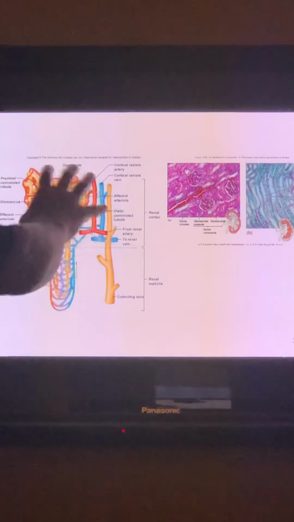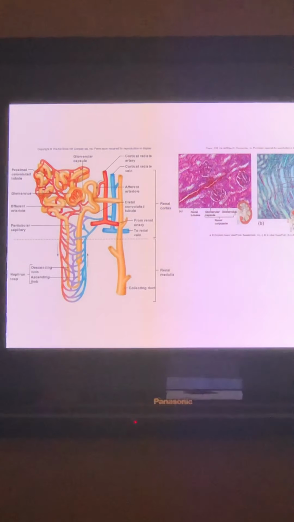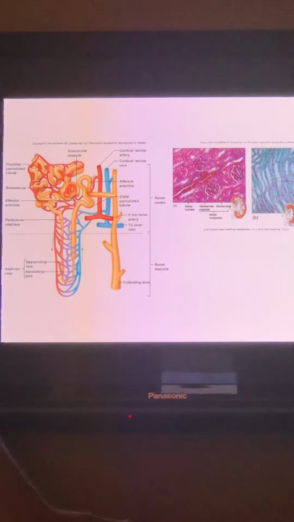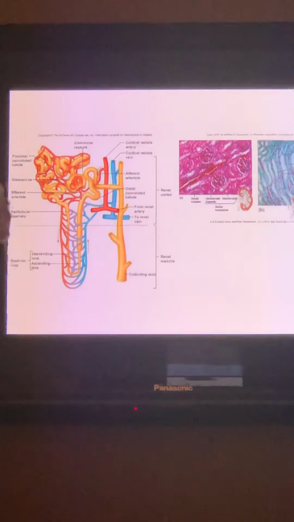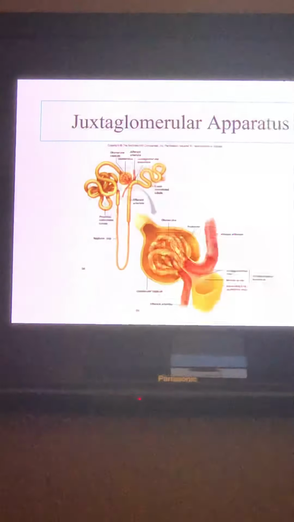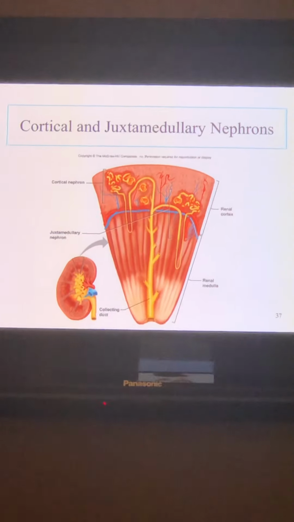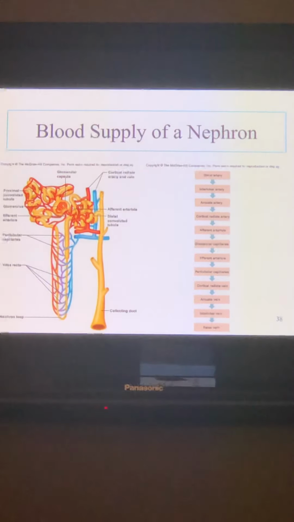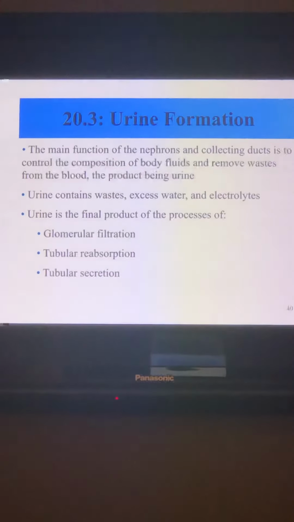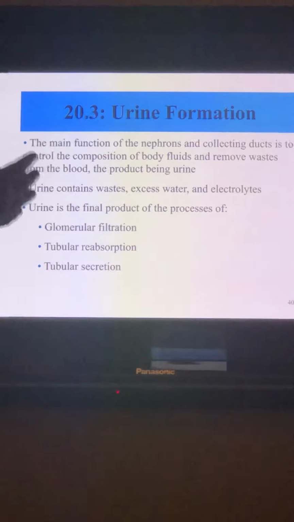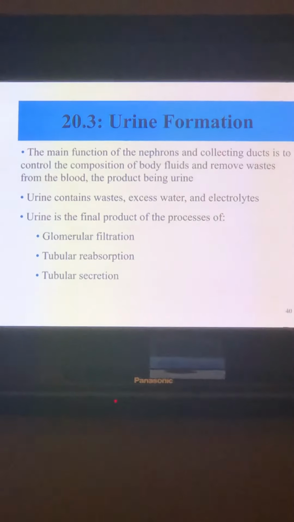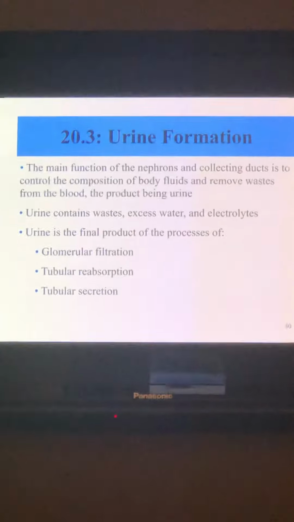Remember, the nephron unit is the functional unit of the kidney, the nephron. We talked about the parts there. Again, if there's a question that I don't go over, I give that to you. Again, no blood supply. All right, urine formation. This is the primary crux of this chapter, or a big part of it.